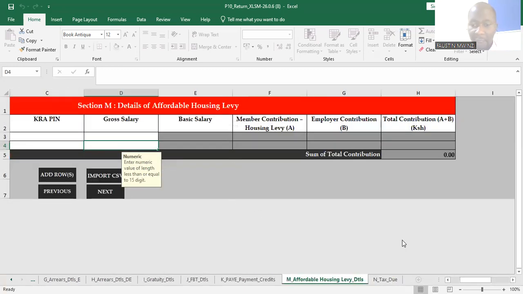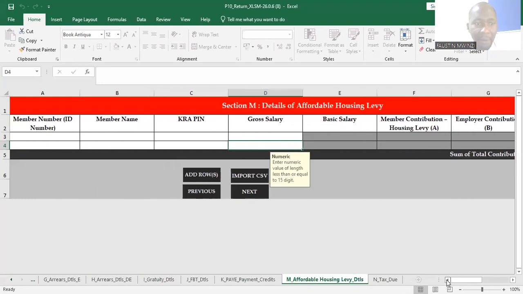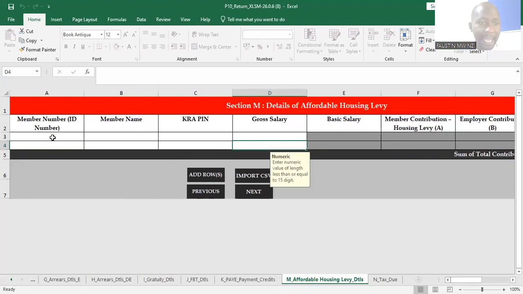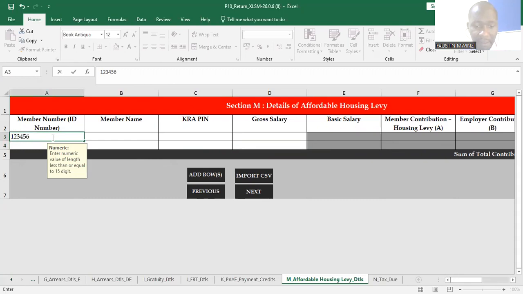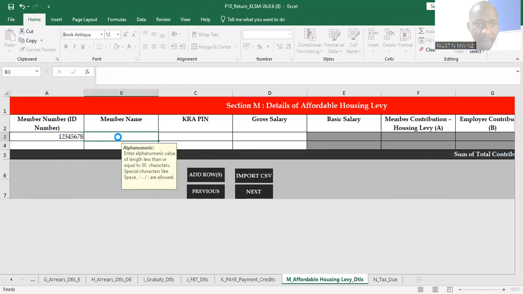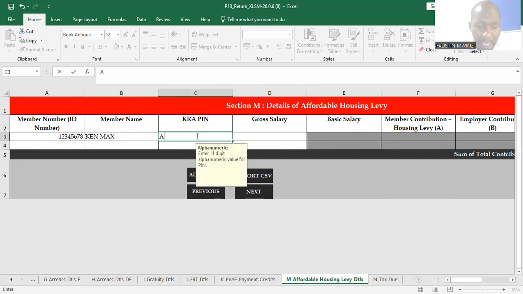Now, we are on this special thing that is known as affordable housing. ID number of the member, 1, 2, 3, 4, 5, 6, 7, 8. Name of member. Now, do I remember the names of these members? One was Ken Max. KRA PIN was A001234567V.